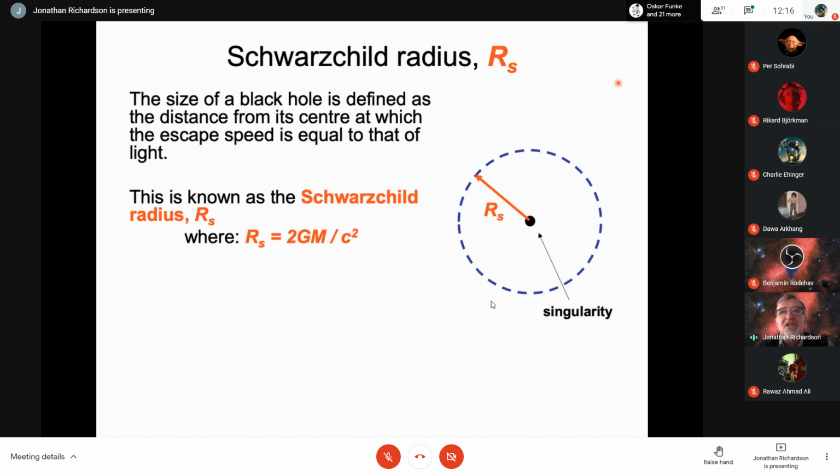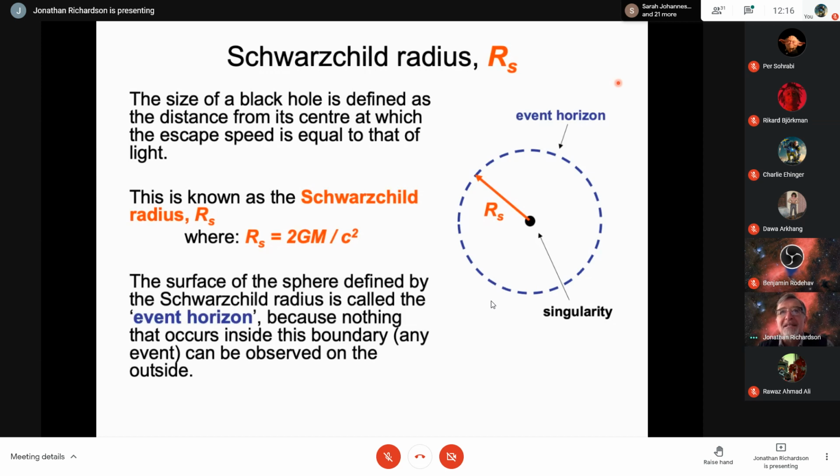In this equation, as we know, we cannot travel faster than the speed of light. The speed of light is the limit to where we could find ourselves in this singularity. And the Schwarzschild radius can be defined as what we call the event horizon. And that is the boundary inside which you will never get out.